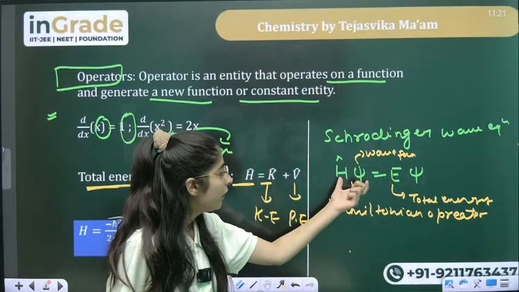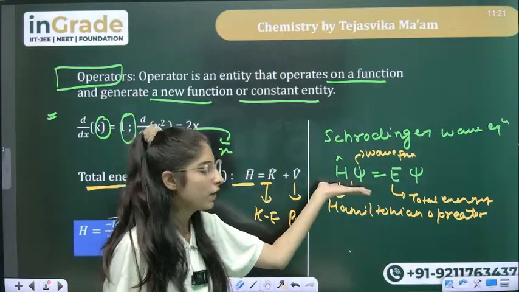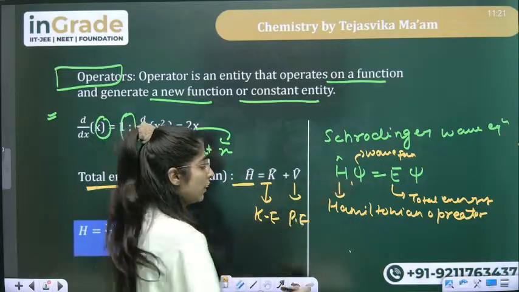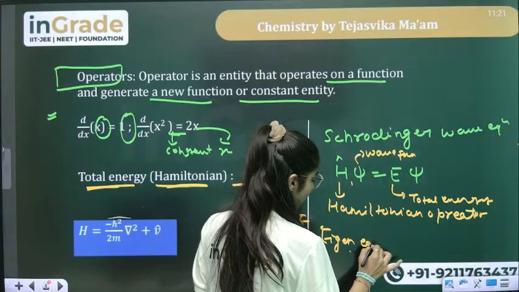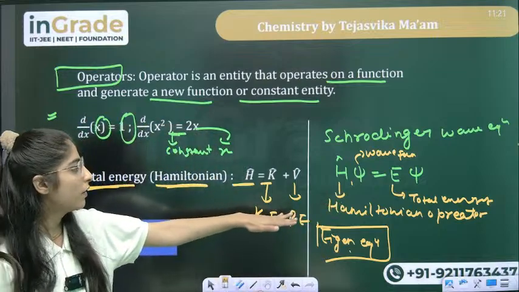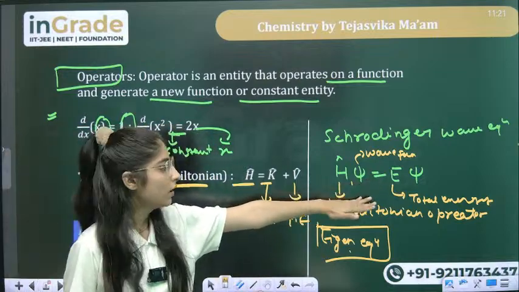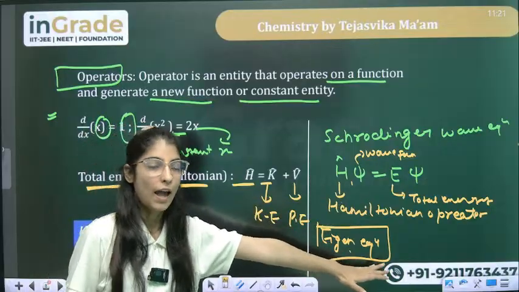See, we are getting the wave function again here. That means such kinds of equations are also known as eigen equations. Such an equation where we get the exact same wave function back is known as an eigen equation.